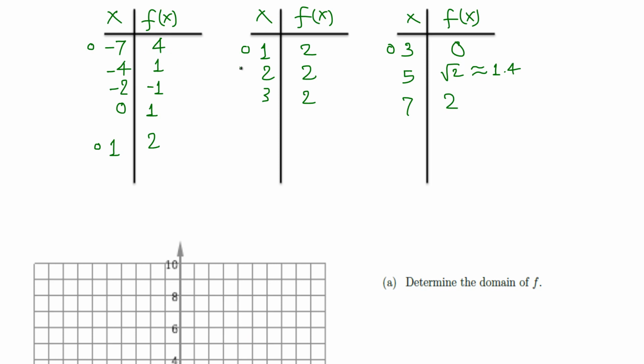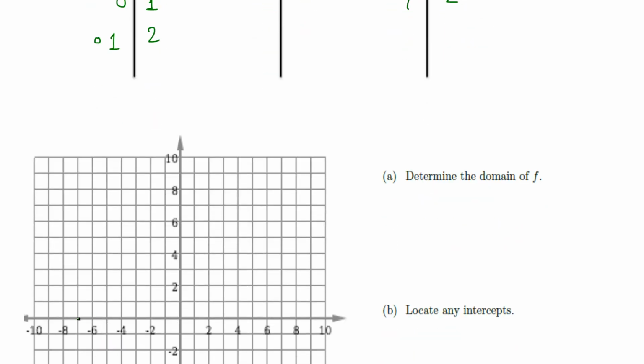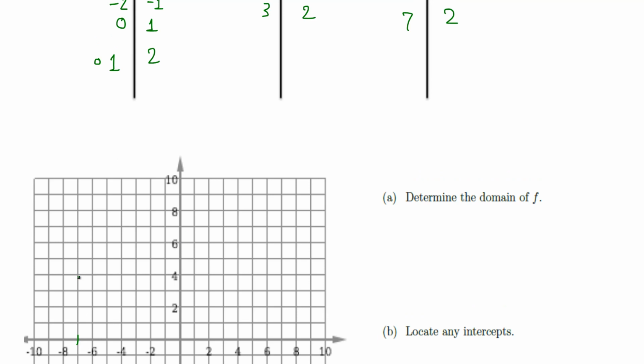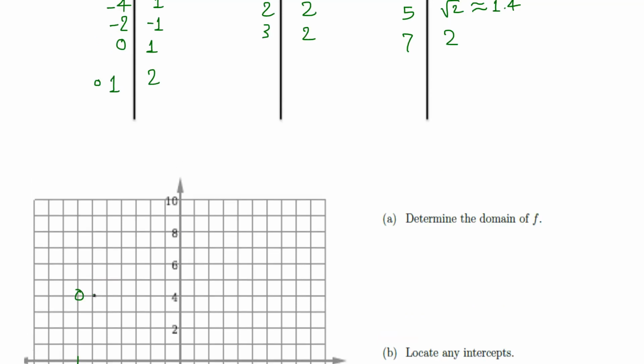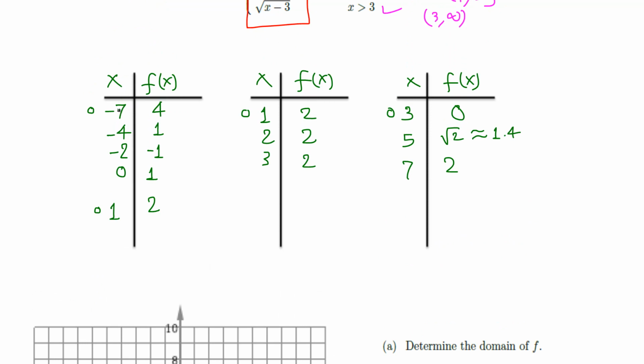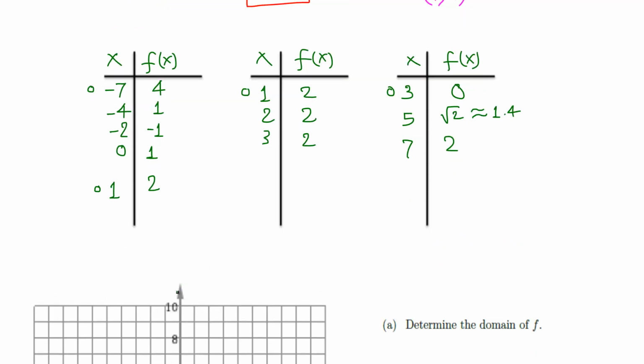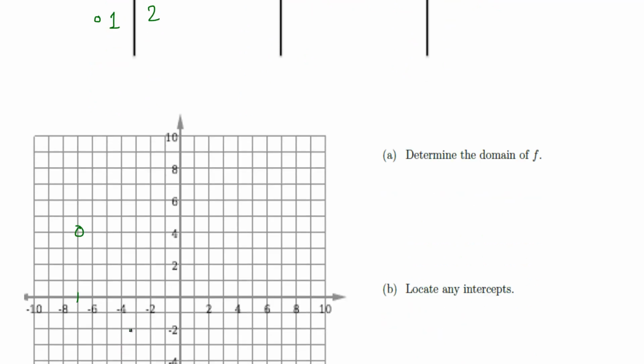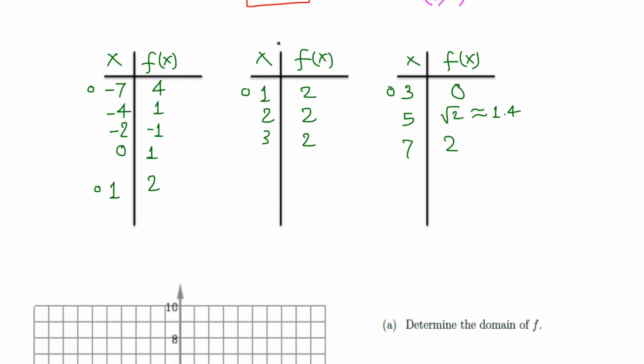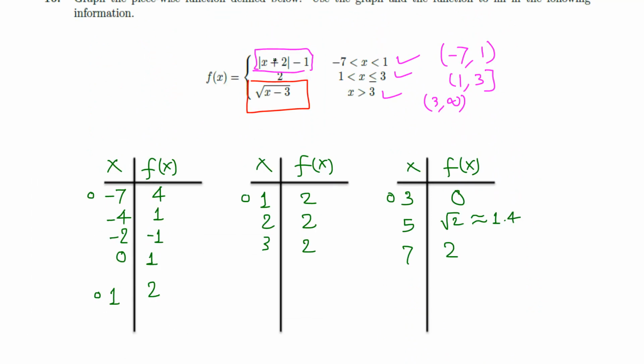The first is -7, 4, so -7 is here. At -7 we got 4, but that's a circle, it's not exactly in this graph. Then -4, 1, here, so this is a straight line, because when we have an absolute value function, it's a V shaped graph, so 2 straight lines.